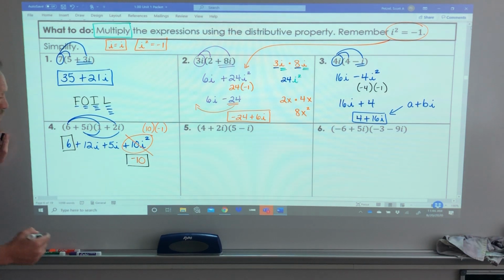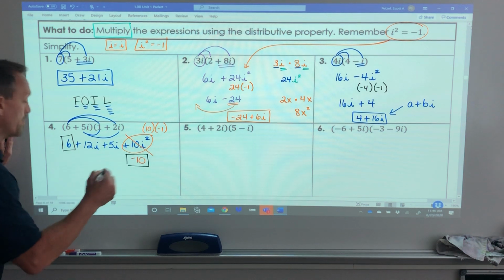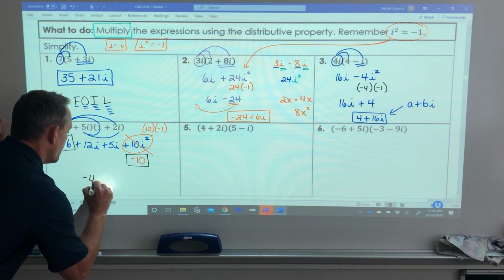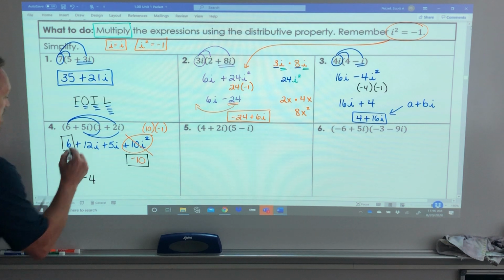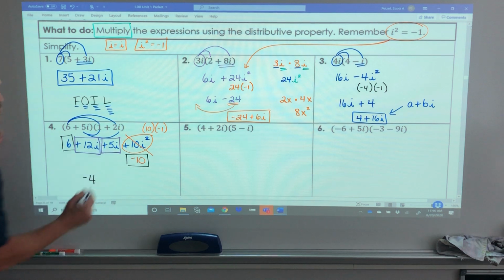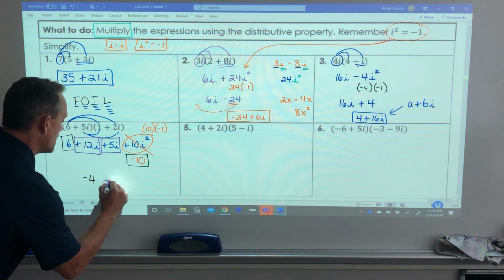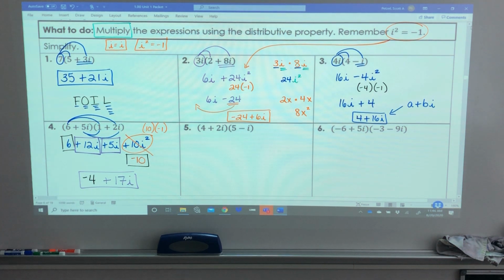That's our real portion, which is 6 plus negative 10, or 6 minus 10, which is negative 4. 12i plus 5i, 17i. This is using FOIL method.